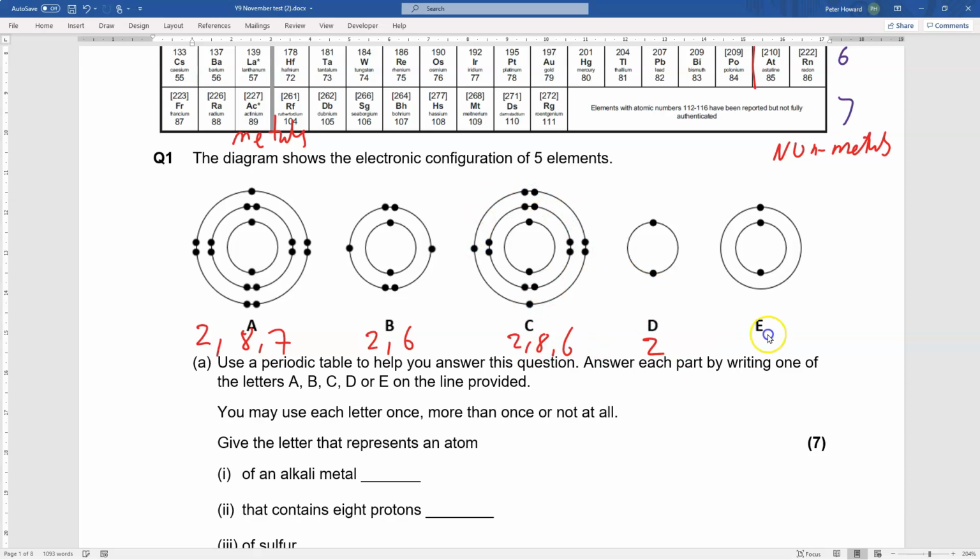This one is just 2, and this one here is 1. If we were trying to identify them, we could add all the electrons together. So for example, this has 17 electrons, and it says they all represent atoms. The number of protons will be 17.